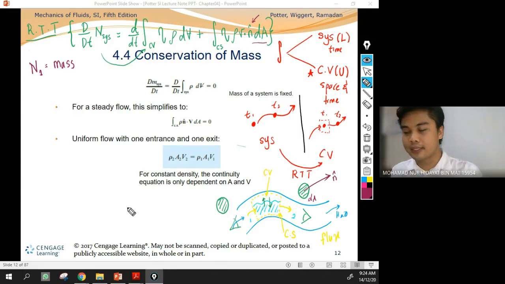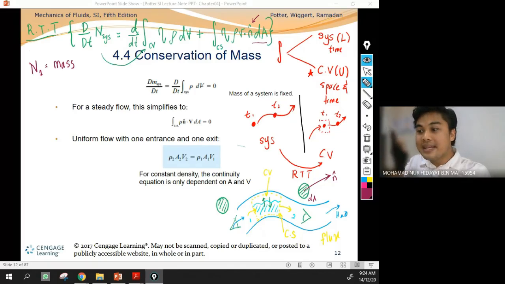Remember, we have many extensive properties, and one of them is mass. Once we apply it to the mass, it becomes conservation of mass. Now you can see the relation to the RTT, where you learn conservation of mass, because one of the extensive properties is mass. So you apply here, and this is actually N.